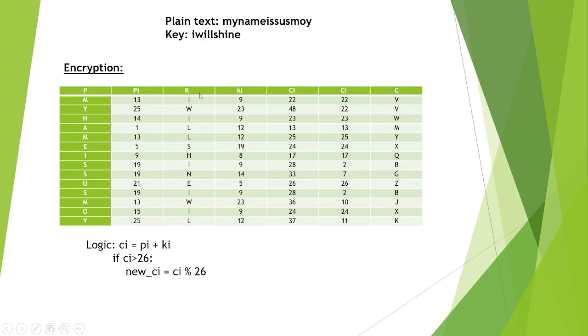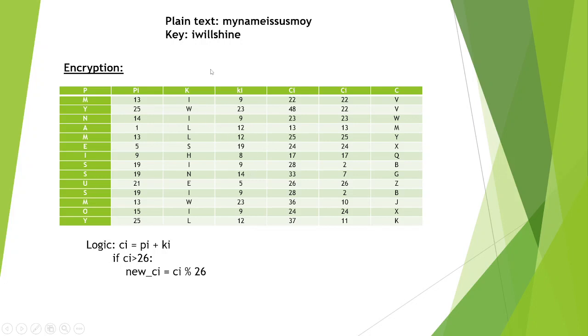Then we also need the number of the alphabet for the key values: I equals 9, W means 23, then again I means 9, L means 22 and like this I consider.